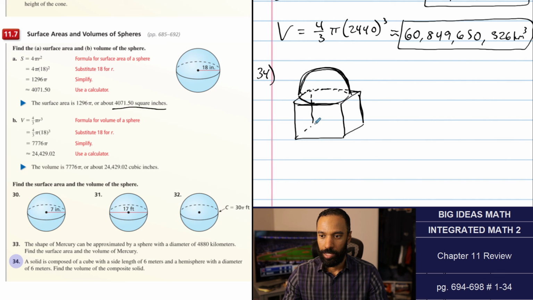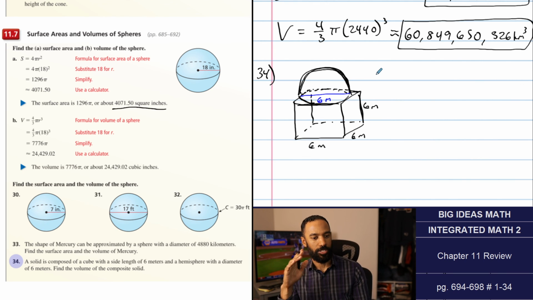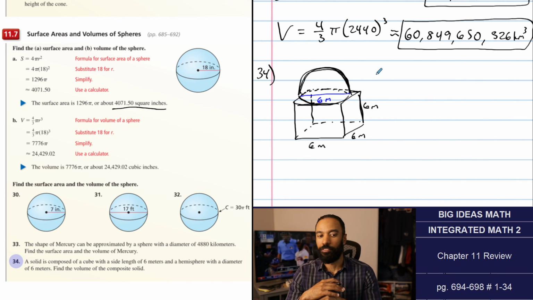So the cube, that looks ugly. The cube has a side length of 6 meters. Now it's a cube. Everything is 6 meters there. The dome right here is a diameter of 6 meters. That means it's like tangentially touching the square, that kind of stuff. Find the volume of the composite solid.